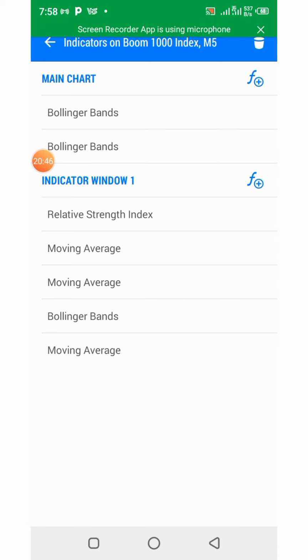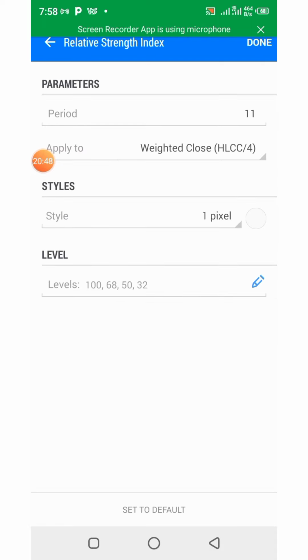Then indicator window 1, relative strength index, we have 11. Then apply to weighted close, HLCC 4. Then style, you use 1 pixel there, you use color white, so that this thing will not come out.